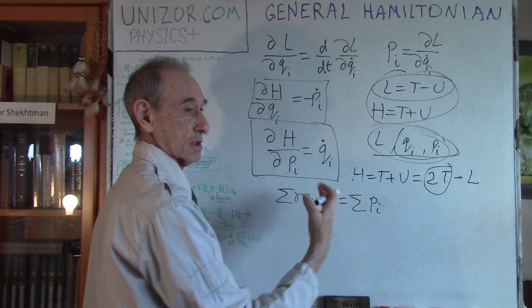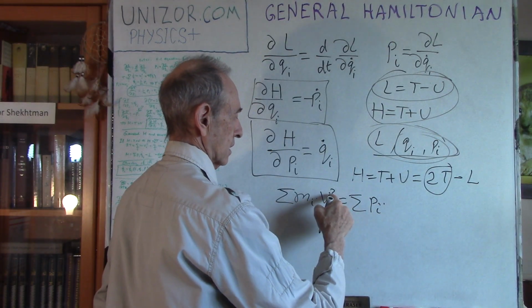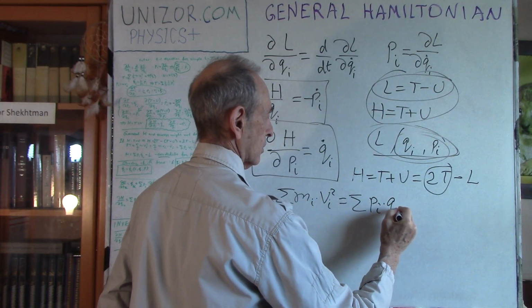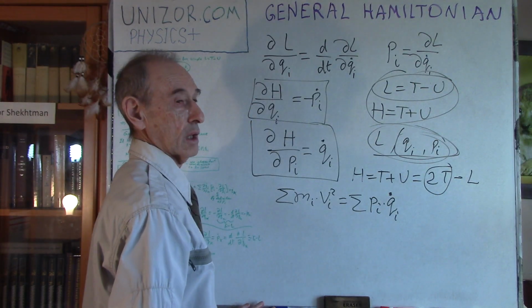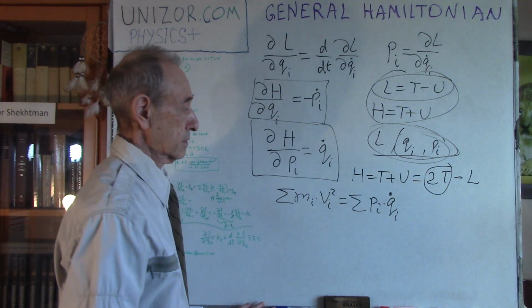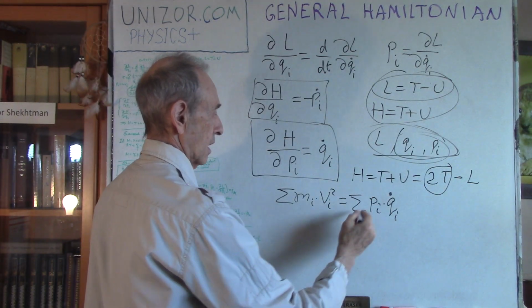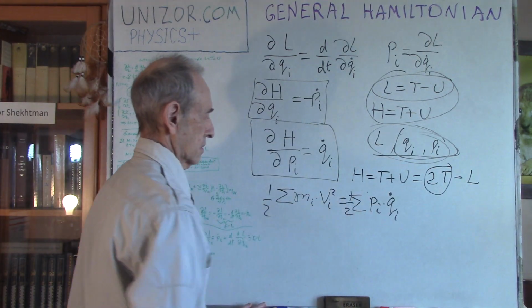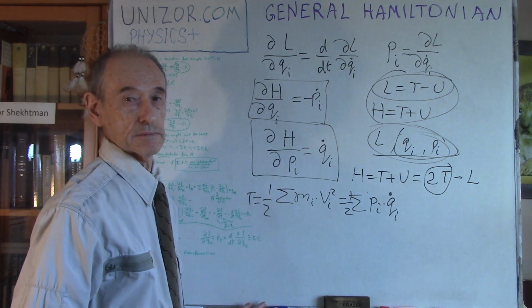What's the momentum in classical physics? Mass times velocity, times one more velocity, we have a square here. So what is velocity? Velocity is the derivative of the coordinate, right? So that's basically how T looks. I mean, I have to put 1/2 here, sorry. So that's my T in classical mechanics.